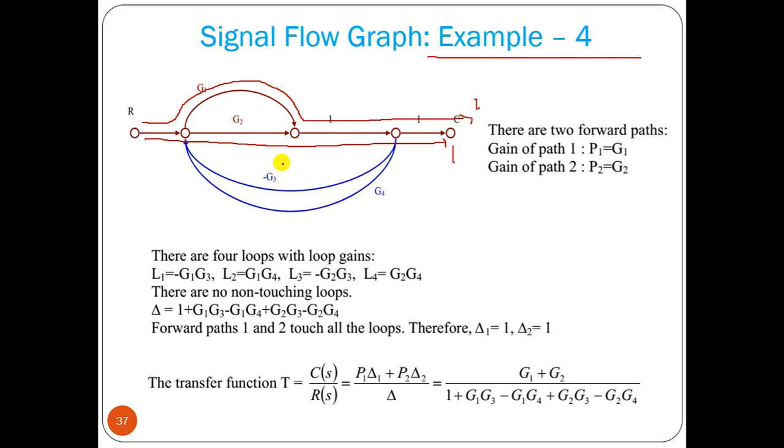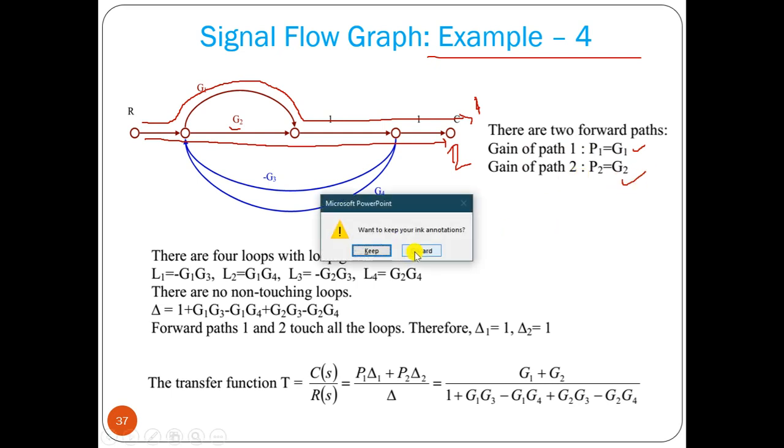So we have two forward paths. Forward path 1, what is the gain? Say this is your forward path 1, this is 2. So gain is G1 into 1 into 1, so that is G1. P2 is this one straight line, so this is only G2. Now how many loops are there?